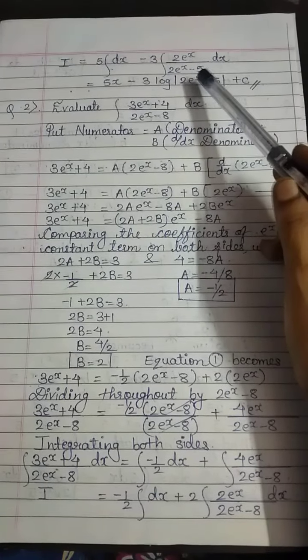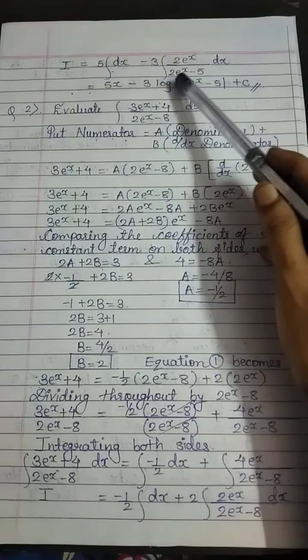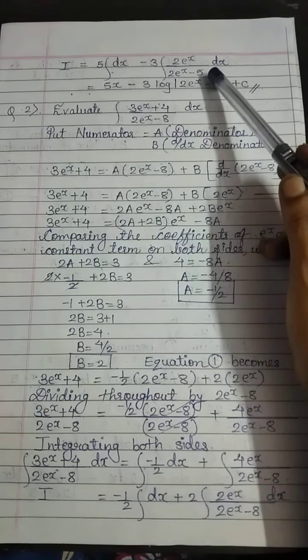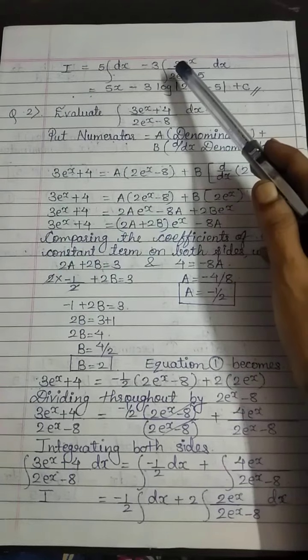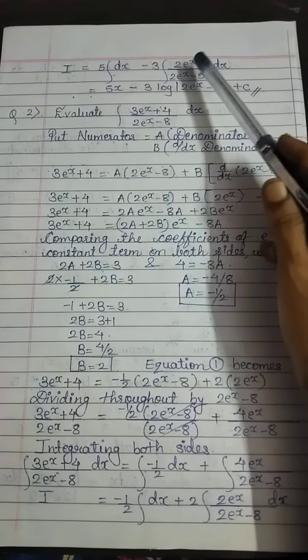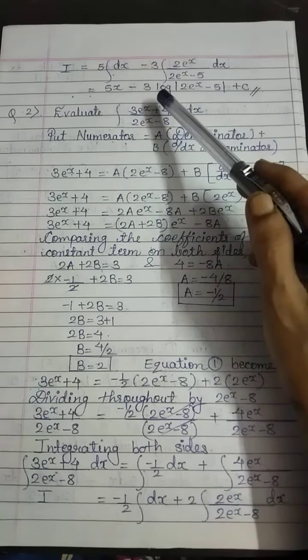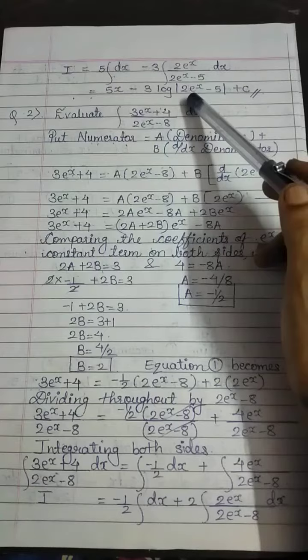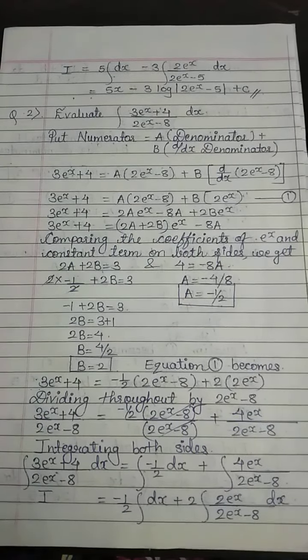Here 2 e raised to x minus 5 is the denominator term, and its derivative is 2 e raised to x. So the derivative of the denominator is present in the numerator, and therefore the integration will be log mod denominator. So this is the answer.